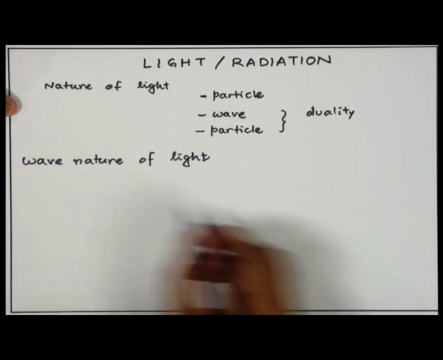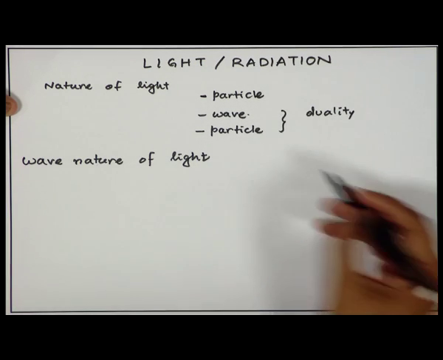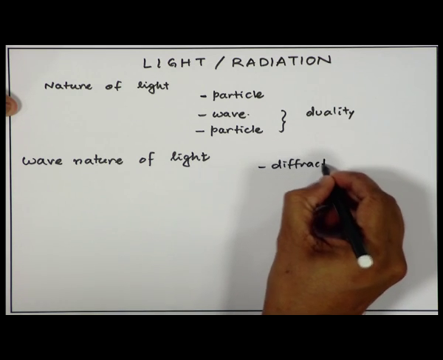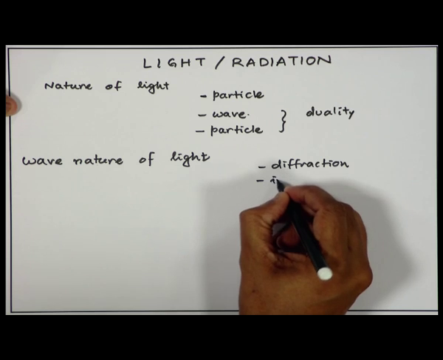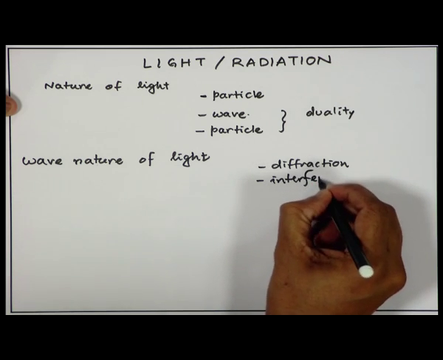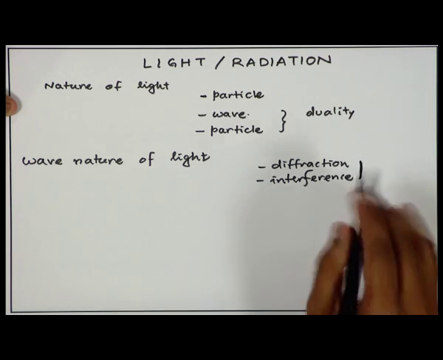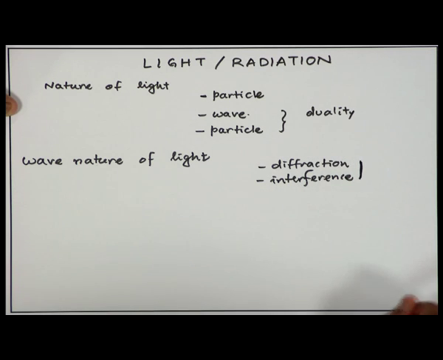As I said, light was believed to be a wave because it showed diffraction and interference, and these features are typically seen in waves. So, therefore, light was believed to be a wave.